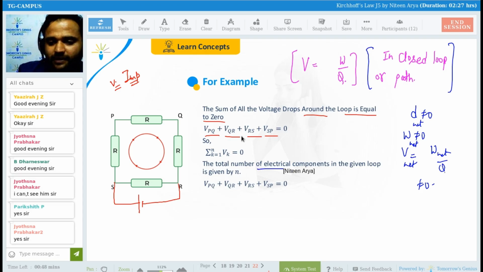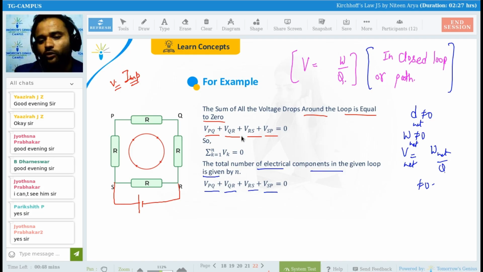So the total number of electrical components in the given loop is given by N: VPQ plus VQR plus VRS plus VSP equals 0. Instead of 4, if we have 5, that is also going to be 0. Instead of 5, if we have 6.